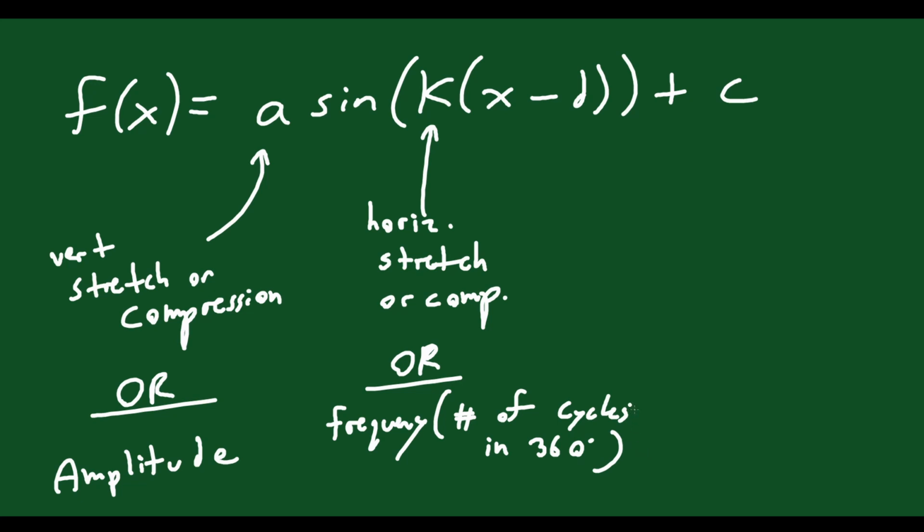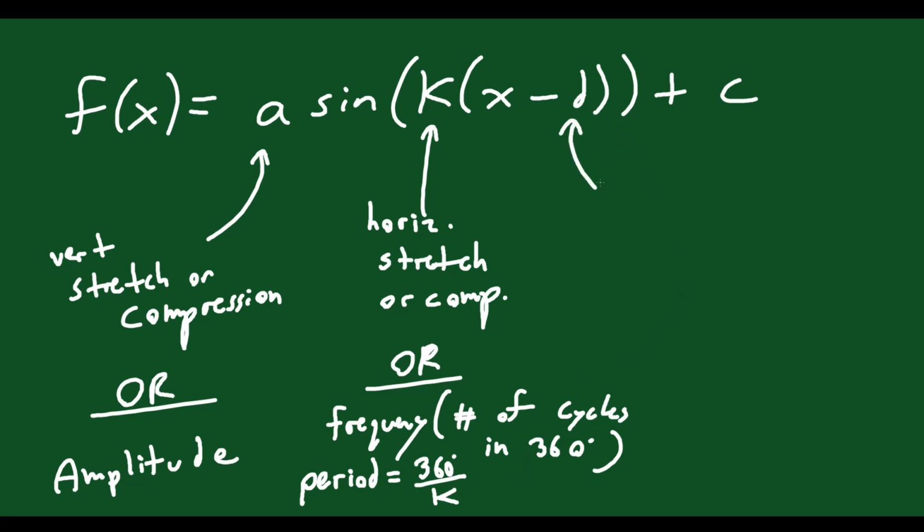In other words, if I want to write this a different way, I could say that the period of the function, so the length of that cycle, is equal to 360 degrees divided by k. So we'll do some examples on this later, and hopefully it'll make more sense once you see the numbers in action.